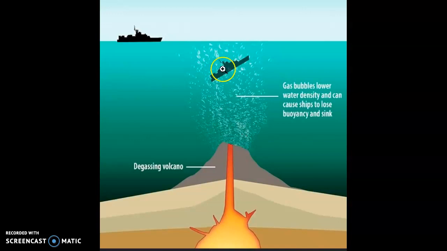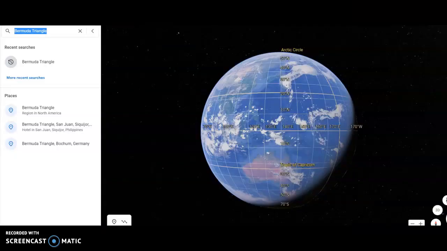As the density of the water diminishes, it would not be able to uphold the weight of the overhead object. Hence this particular ship will tend to decline. Sorry, not decrease, it will decline. It will sink to the bottom of the seabed. So this is a very interesting thing.